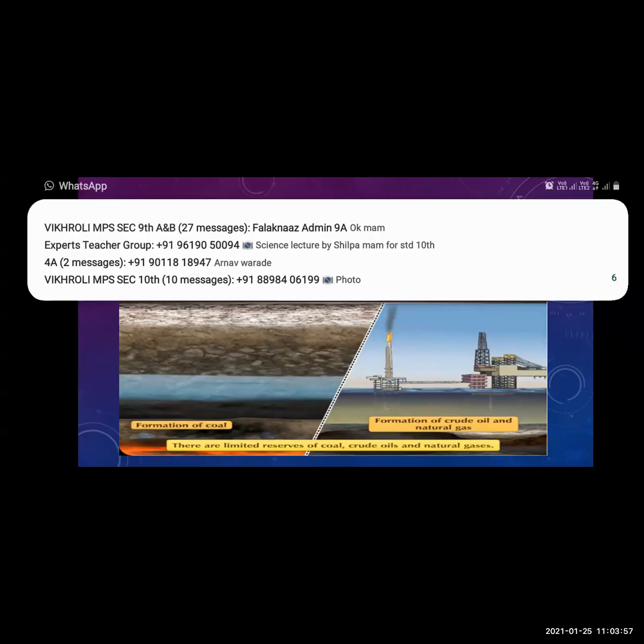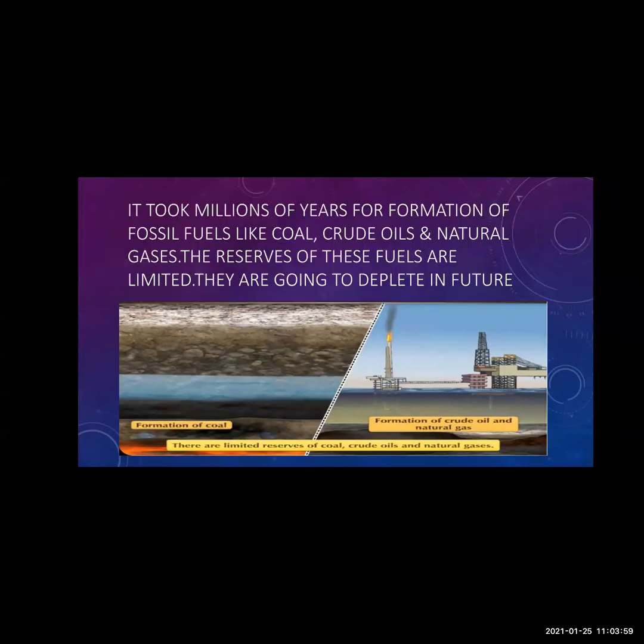Fossil fuels like coal, crude oil, and natural gas require millions of years. The reserves of these fuels are quite limited. They are going to deplete and exhaust in the future.